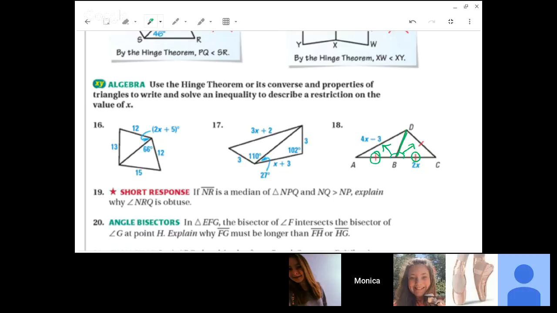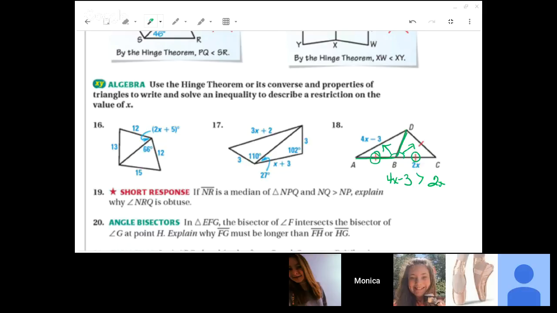We can visually tell that this angle here, this angle ABD, is a larger angle than angle DBC. So we can tell that that's the bigger side. So when we set this up as an inequality, we're going to say that that's greater than. And then you're just going to solve for x.